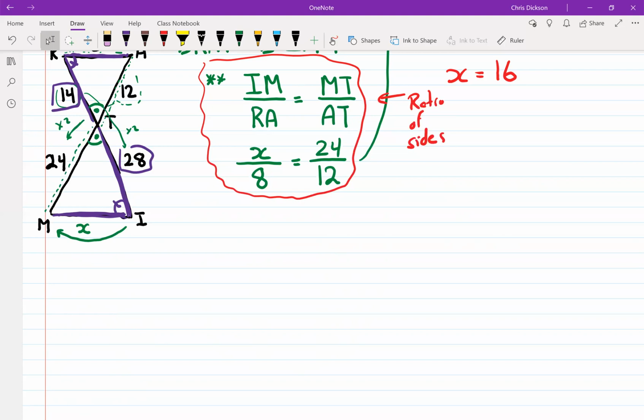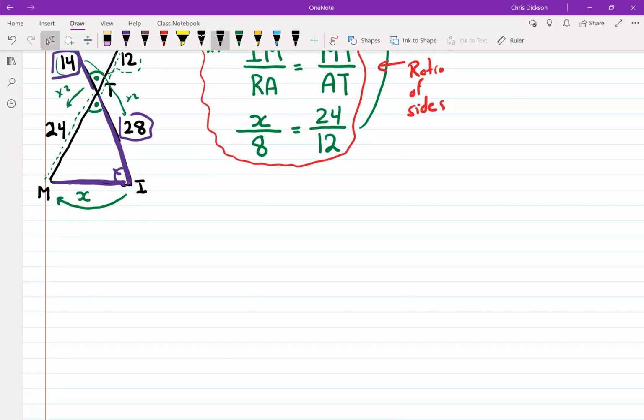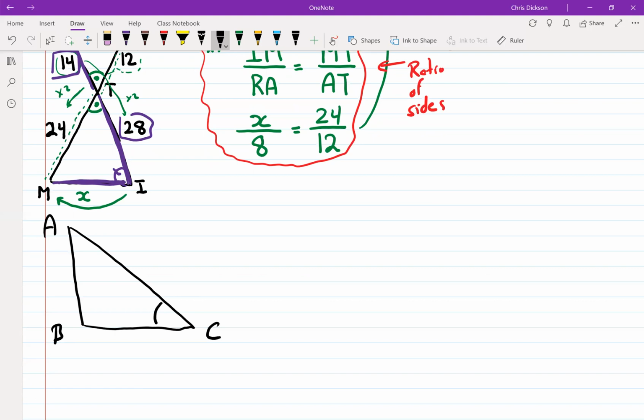Okay, so let's start off with these two triangles then. So let's say you have that triangle, and we'll call that A, B, and C. Let's say you're told that the angle here is 35 degrees, okay? And this side here is 28, okay?